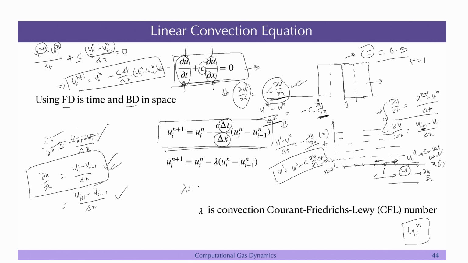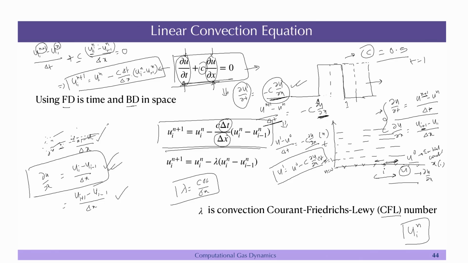Lambda is equal to cΔt/Δx, and it puts a limit on how you can march in time with respect to a given spacing. The Δt and Δx are related, they are not independent, and this number is a very famous number in CFD.